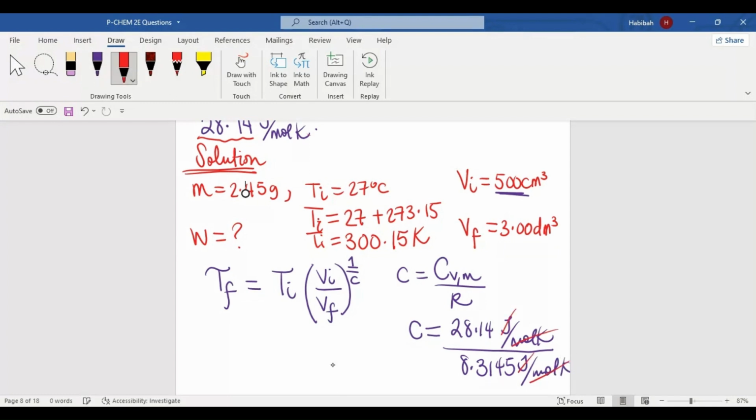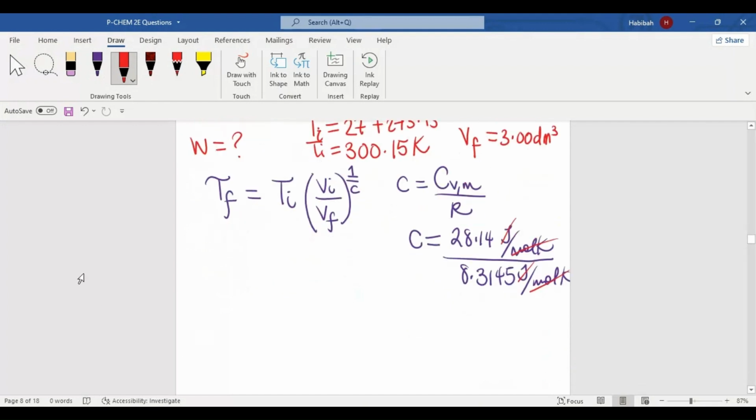So c is equal to 28.14 divided by 8.3145, which is simply 3.3844. So that's the value for c that we're going to use in this question. So yeah, that's basically it. The next thing we have to do is convert the initial volume.